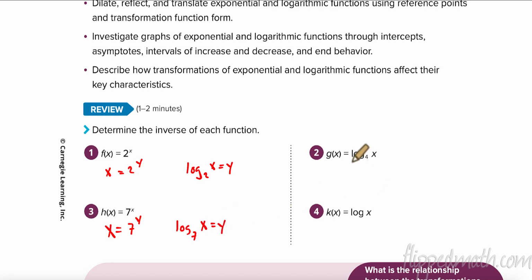Easy peasy. Same thing over here. x equals log base 4 of y. Now I'm going to rewrite this one as an exponent: base 4 to the x power equals y. I know, my y's and 4's look a lot alike. So x equals log base 10 of y, which means 10 to the x equals y. Remember, if the base is not written, it's a common log, and that common log is base 10.